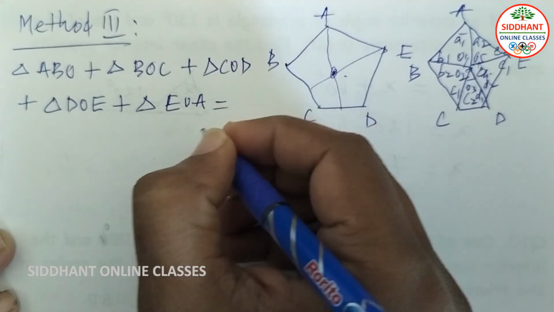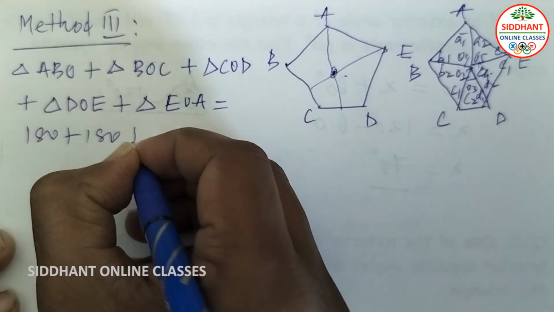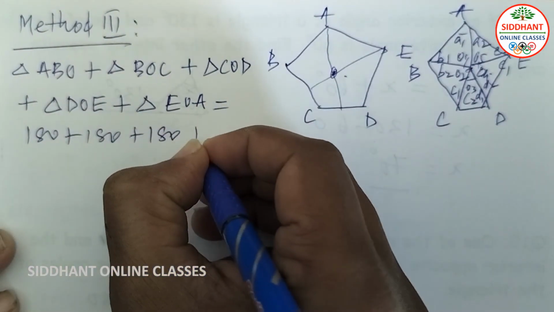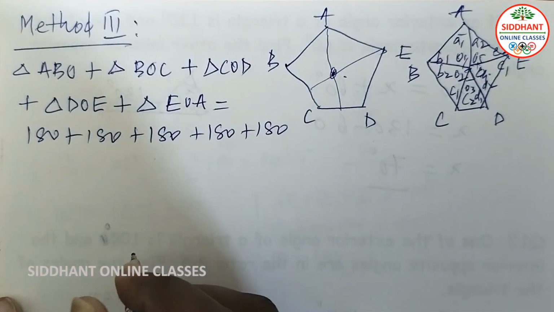So that will be equal to 180 plus 180 plus 180 plus 180 plus 180 here.